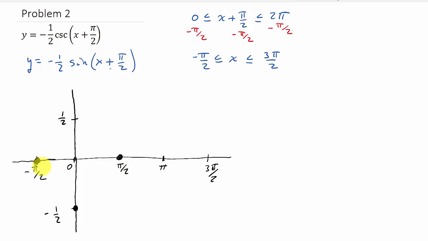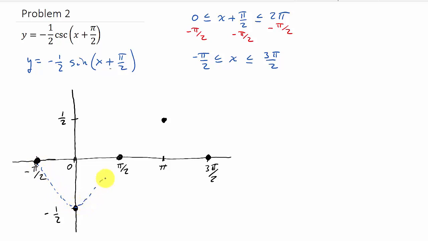So remember sine goes 0, max, but because of the negative it's a min. Then 0, max, 0, and then it goes to its minimum. But since there's a negative, instead of its minimum, it's actually going to go up to its maximum and then back to 0.